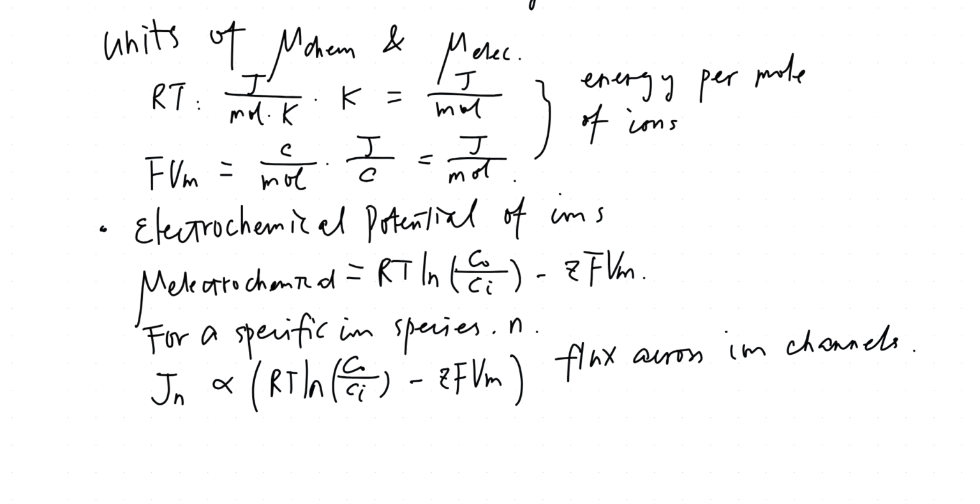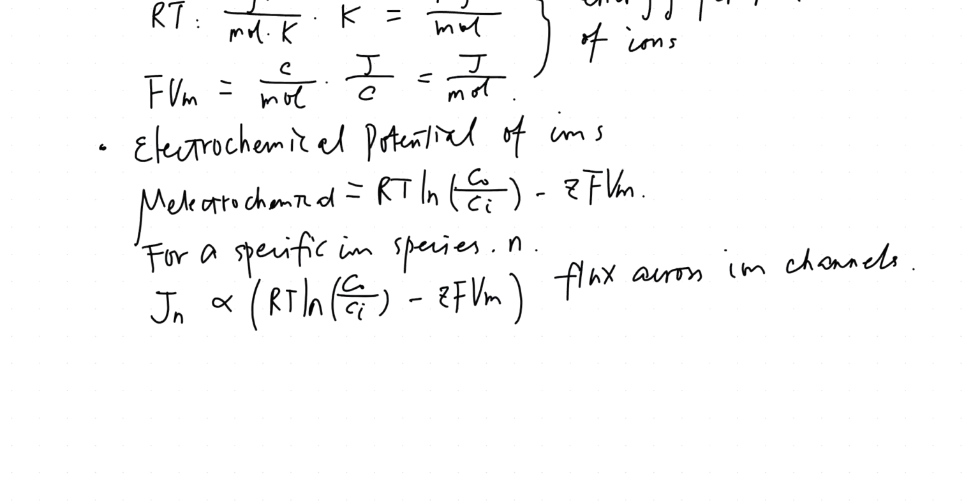The driving force is the electrochemical potential difference, and this is considered passive flux. Passive flux means you don't need extra energy. Sometimes you may have active flux, which requires ATP, extra energy, to go against the chemical potential gradient. But for passive flux, you just let ions go, and they move naturally down the gradient of electrochemical potential.